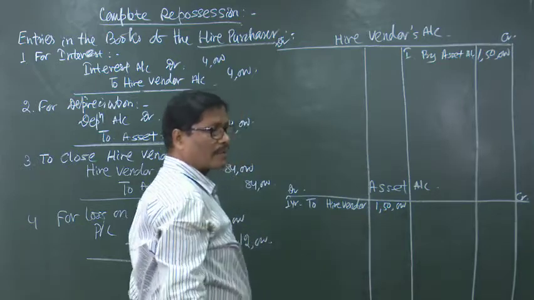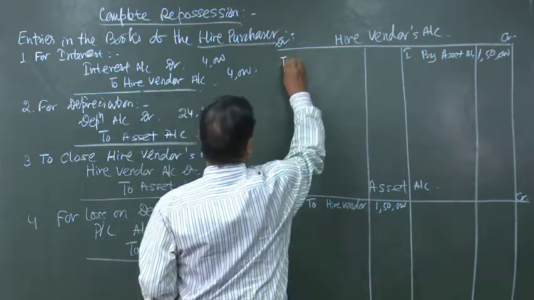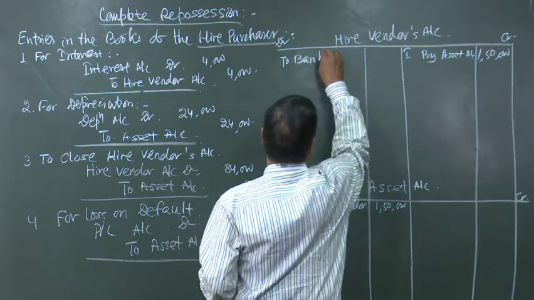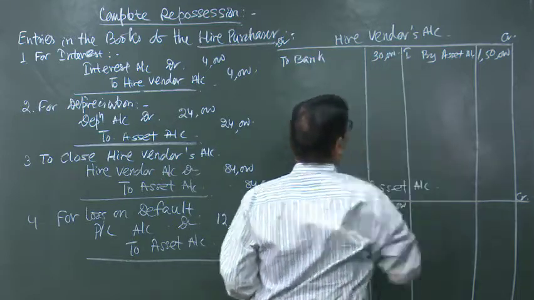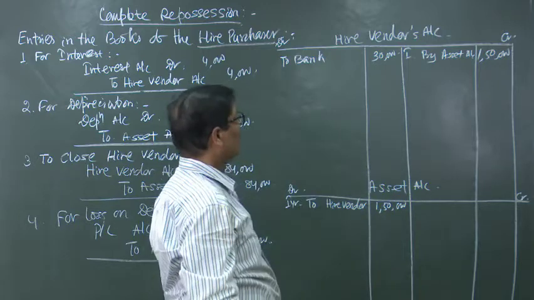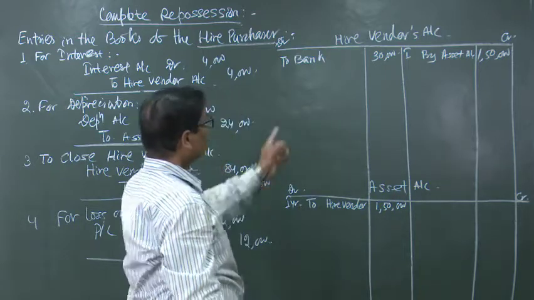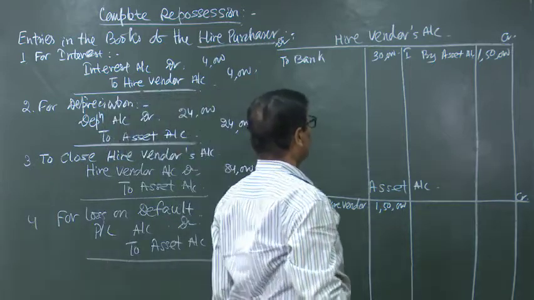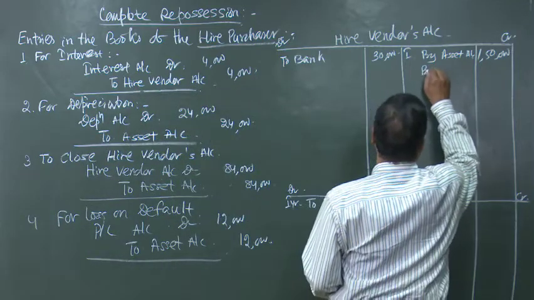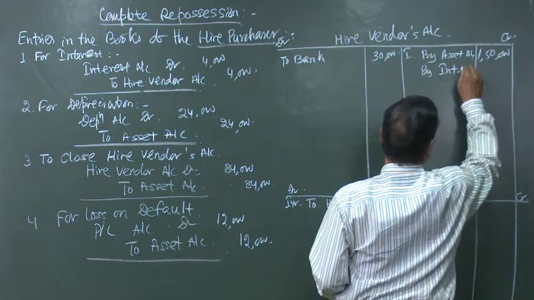Then the down payment was made, so to bank 30,000. At the end of the year, there is interest on 1,20,000 at the rate of 5%, which comes to 6,000. So year end, by interest 6,000.